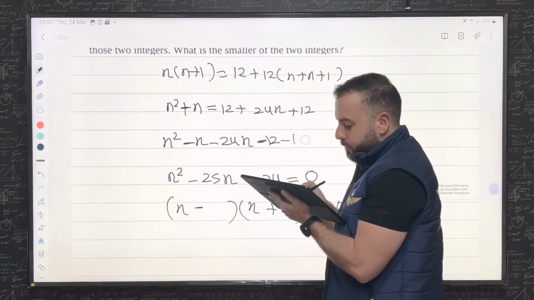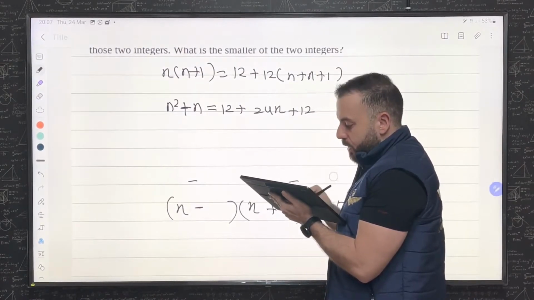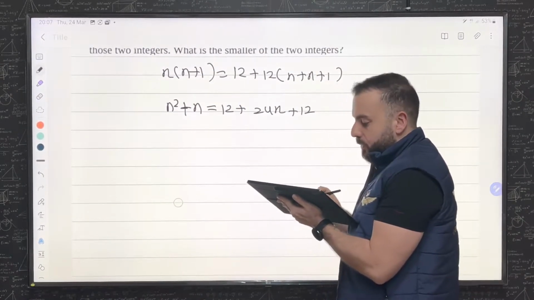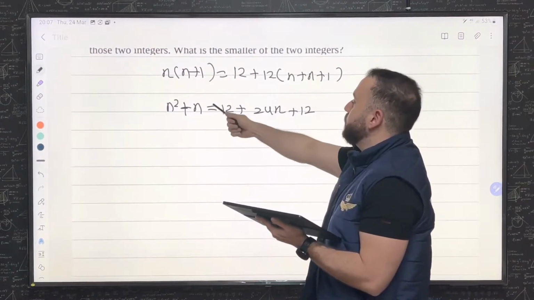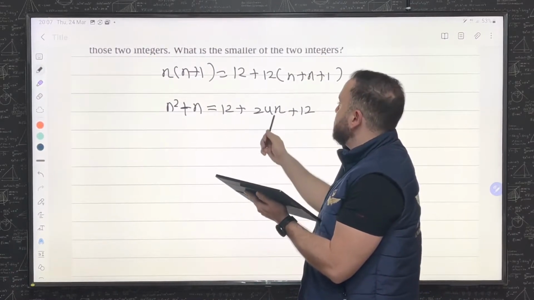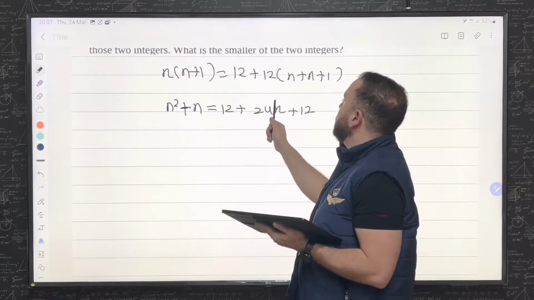So okay, no problem. I'm not going to repeat it. Just check this. N squared plus n. Now I'm going to shift. Yes.